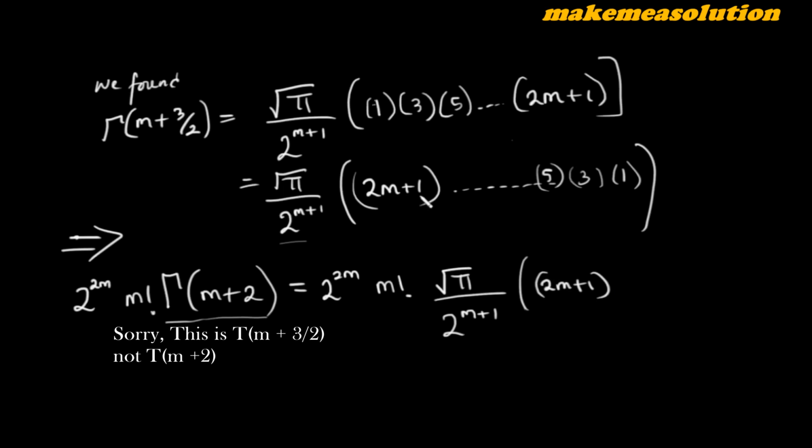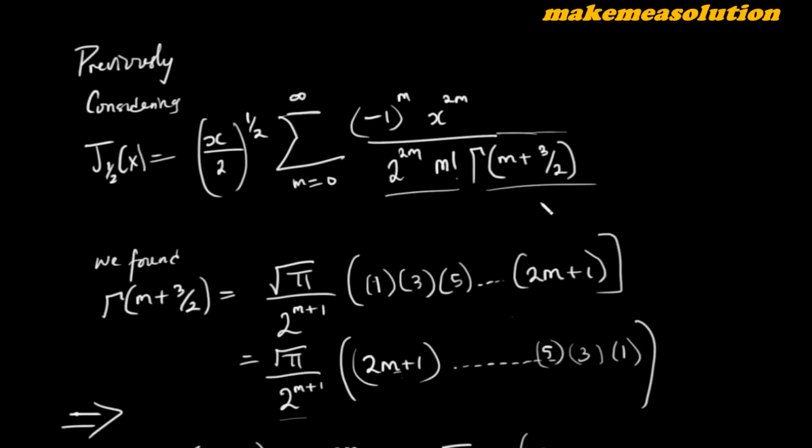The odd number that is before this one, remember how we got this: we took i equal to 0 to m of 2i plus 1. So the last odd number is 2m plus 1.